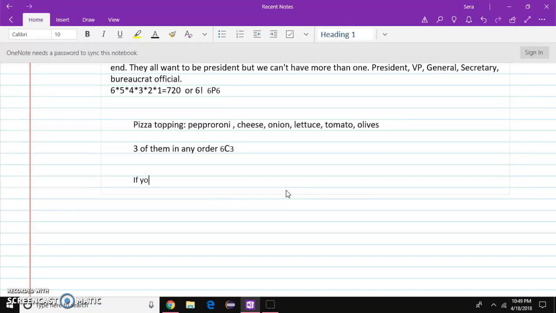If you roll a fair dice twice, what is the probability that you will get a 2 and then not a 2?